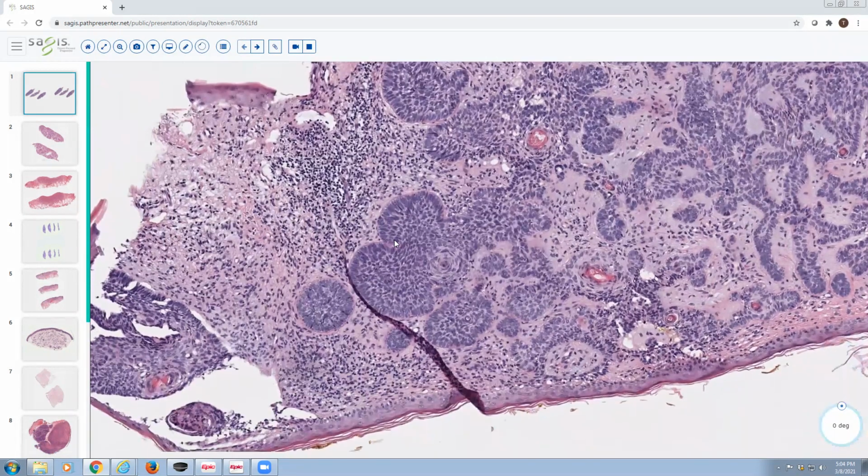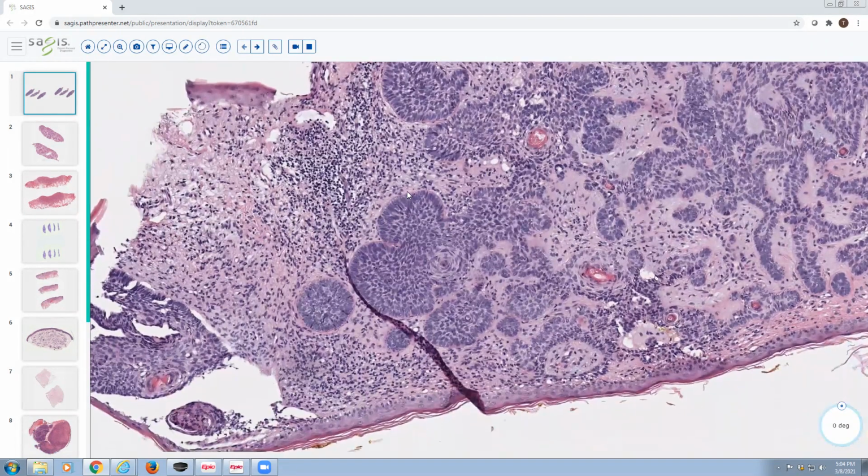Peripheral palisading means that at the periphery of the nodule, the nuclei are arranged in a way such that their long axis is oriented towards a central point. So here's a peripheral palisade here. This is a common feature across all the different subtypes of basal cell carcinoma.